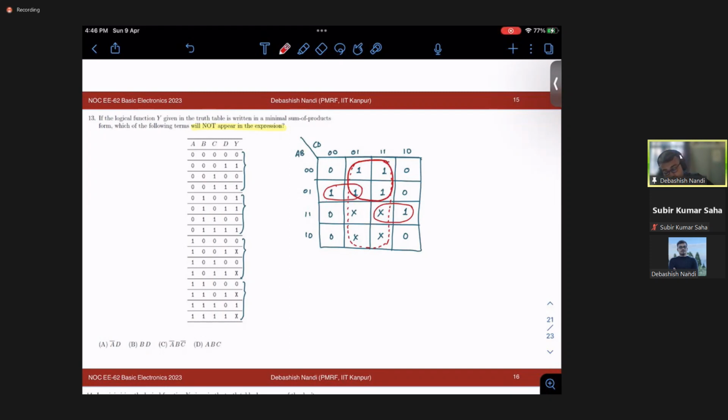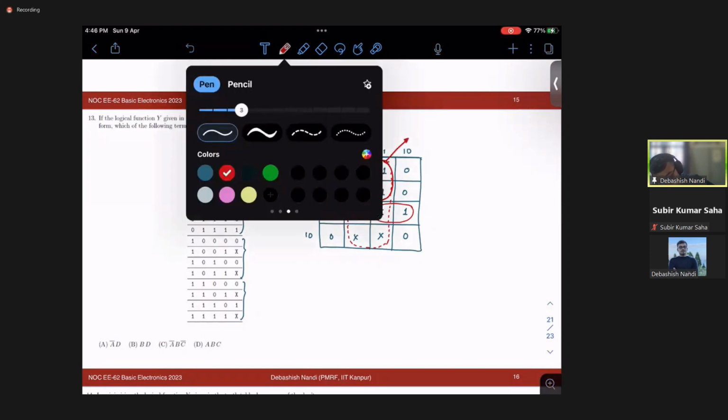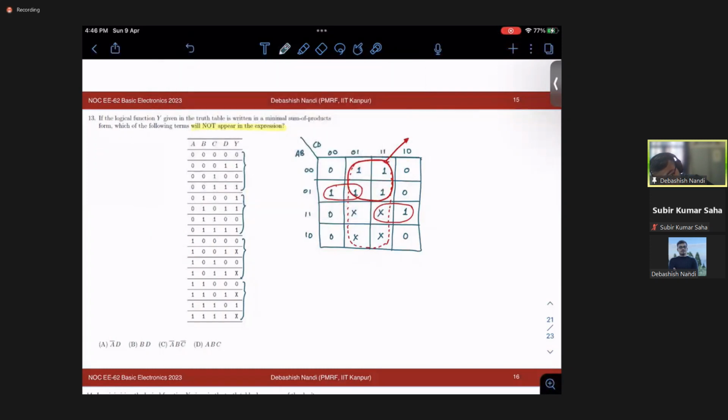Let's see what this term is contributing. This term is contributing A bar, and this is A bar, and the common thing is D. This is A bar D.